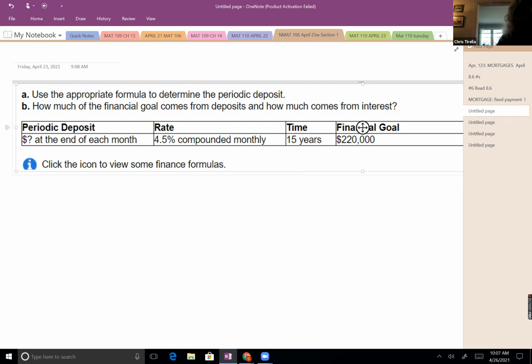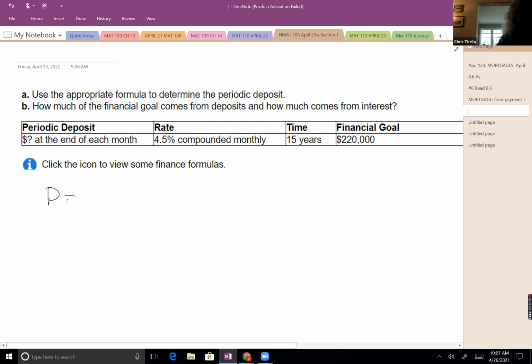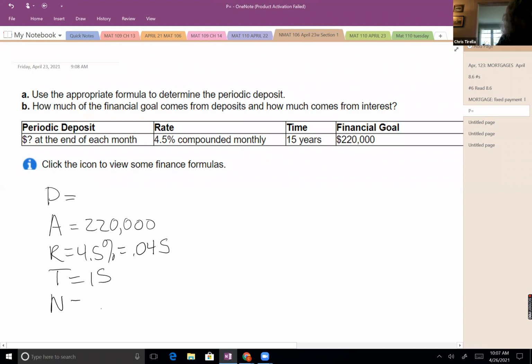And so here we are looking for the deposit. We know the future value is $220,000. We know that the rate is 4.5%, which would be 0.045. We know that the time is 15 years. We know it's monthly, so n is 12. So nt, 15 times 12, would be 180.